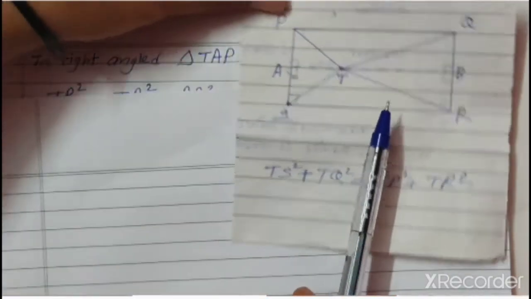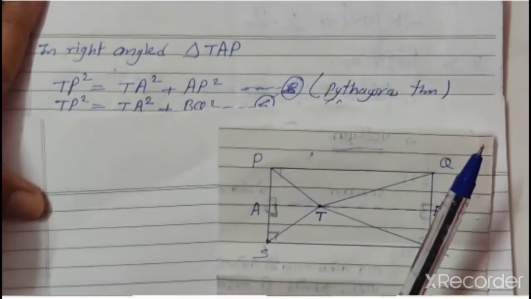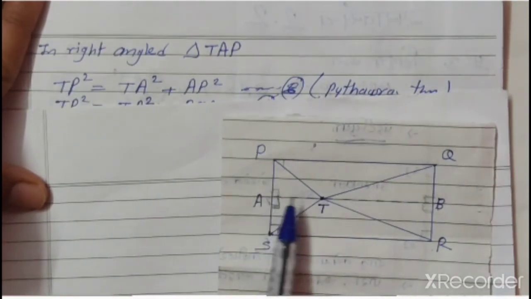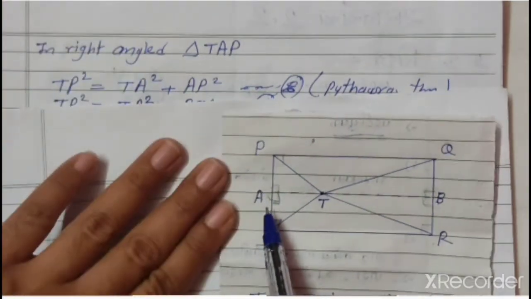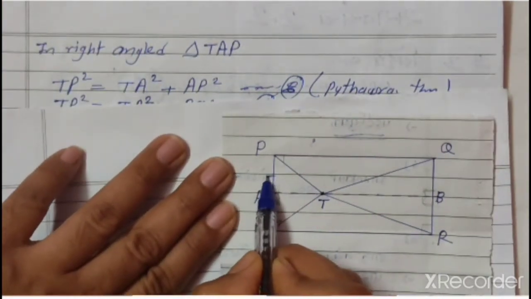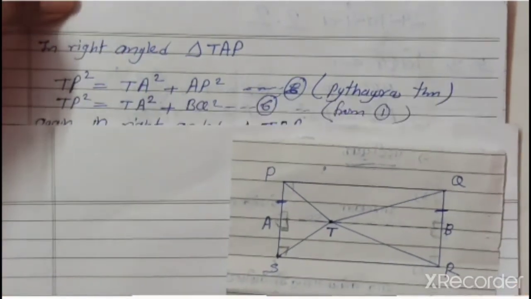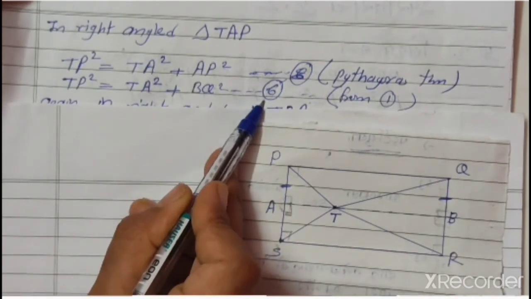So in this right angle triangle TAP, again by using Pythagoras theorem, hypotenuse square is equal to side 1 square plus side 2 square. Now I am just replacing PA with QB from equation 1. So from equation 1 you will get this equation number 6.